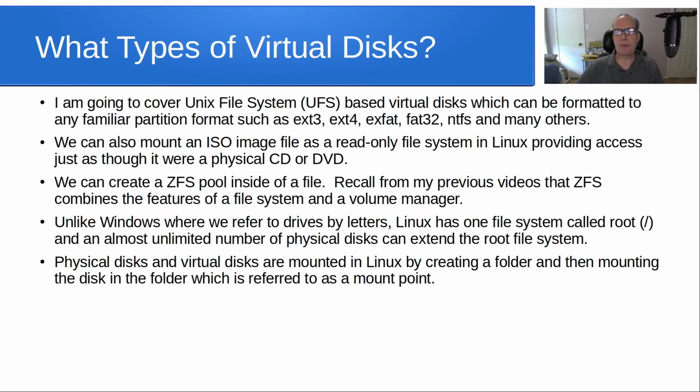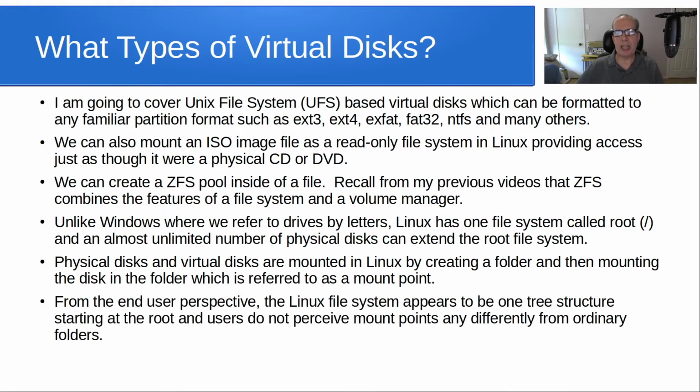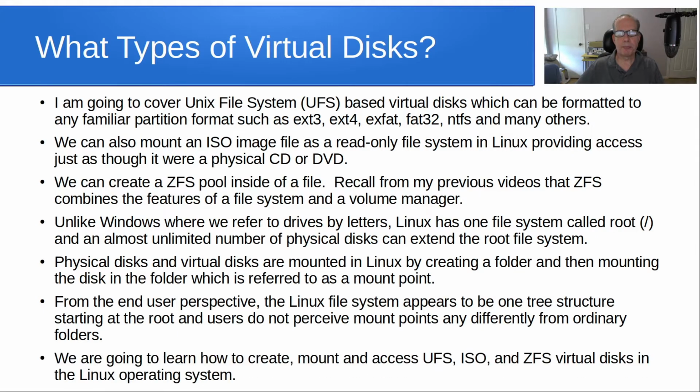Physical disks and virtual disks are mounted in Linux by creating a parent folder and then mounting the disk in the folder, which is referred to as a mount point. From the end user perspective, the Linux file system appears to be one tree structure starting at the root, and users do not perceive mount points any differently from ordinary folders.